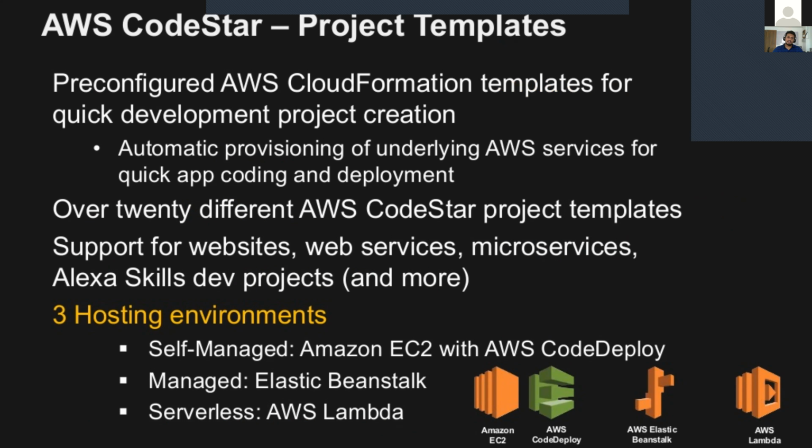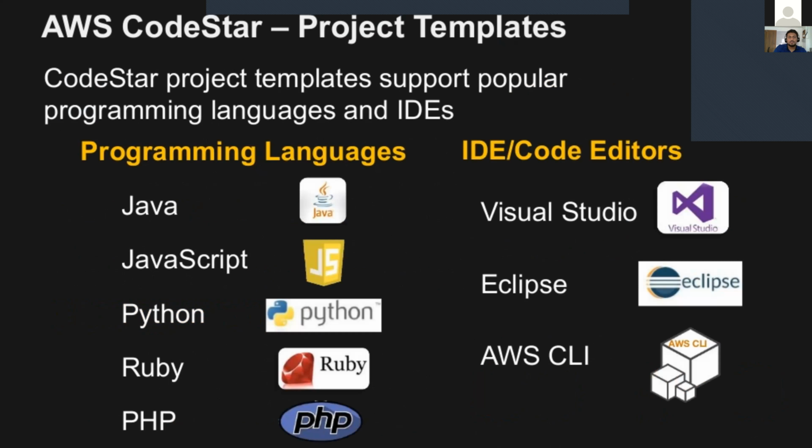Over 20 different AWS core project templates, and you have three hosting environments, that is your self-managed, that comes under this EC2 or code deploy, and you have managed, that is your Beanstalk, and you have your serverless, that is your Lambda. It supports many programming languages like Java, JavaScript, Python, Ruby, PHP, and it also supports many IDEs or code editors, that is your Visual Studio, Eclipse, and AWS CLI, that is your command line interface.